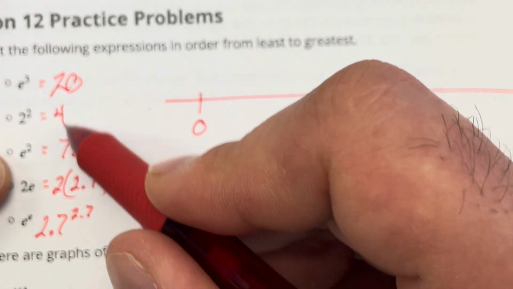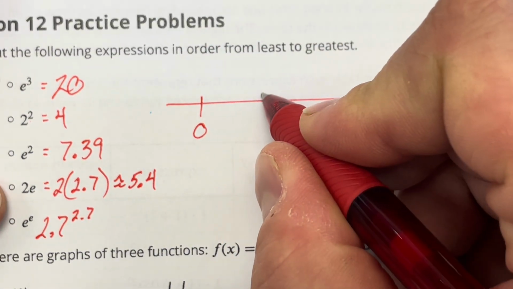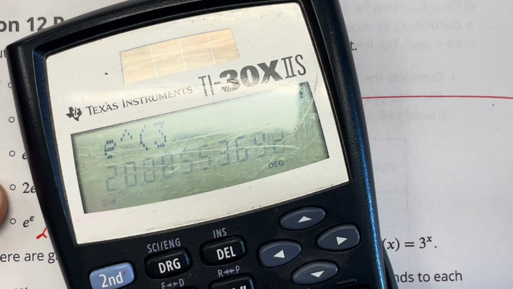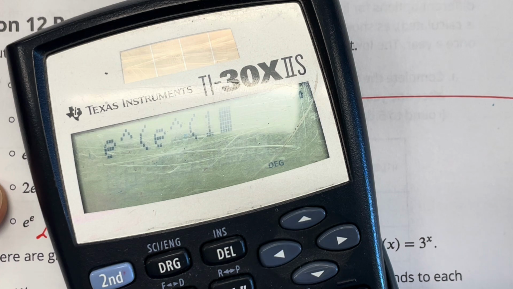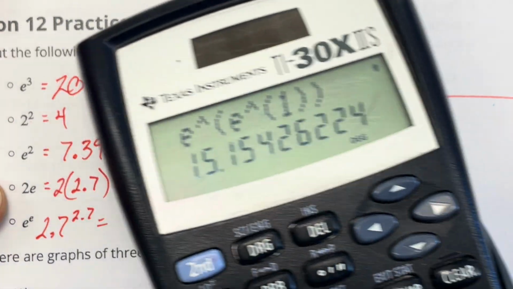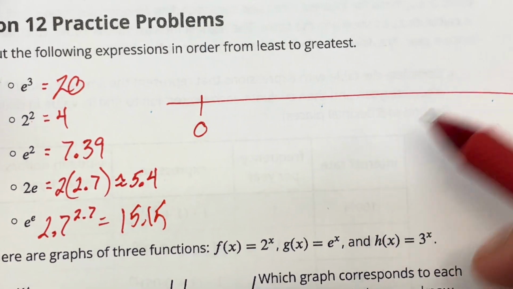If we multiply it by itself, we know that's going to be a bigger number. So here's the thing, e to the power of e is 15.15. So here's the thing: we've got roughly our order.